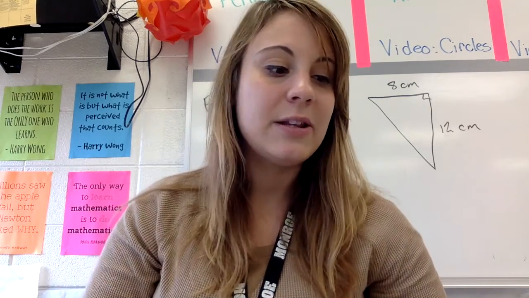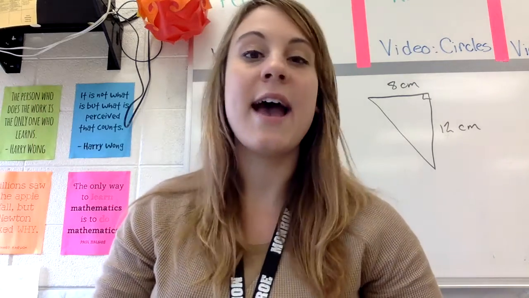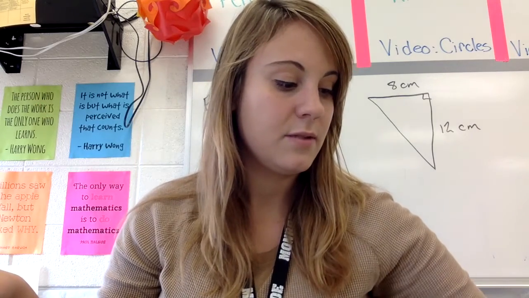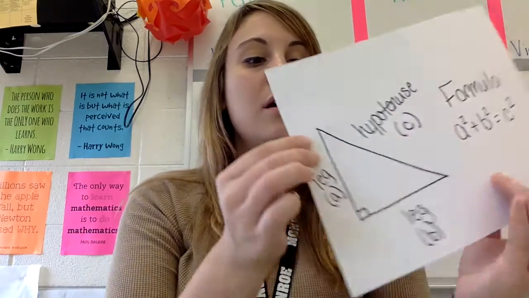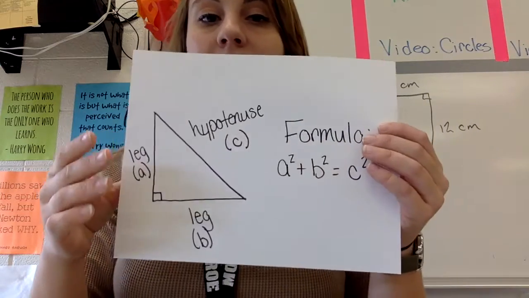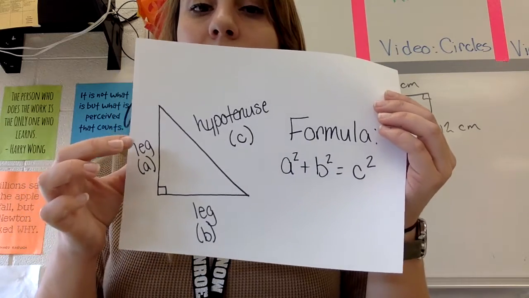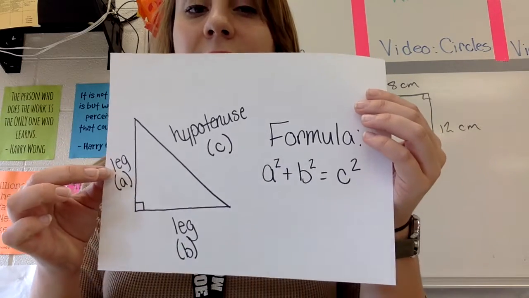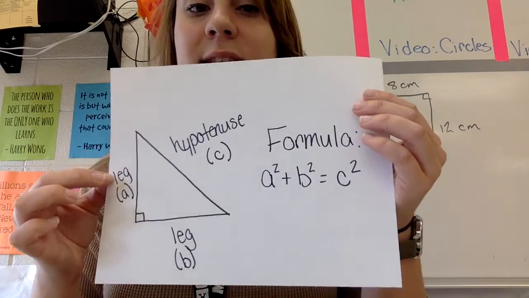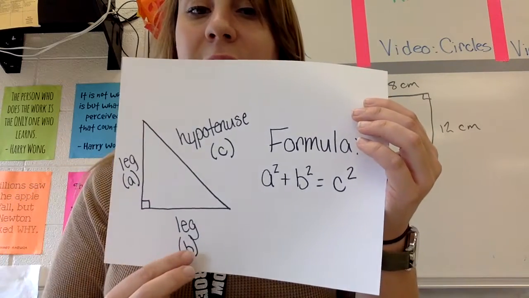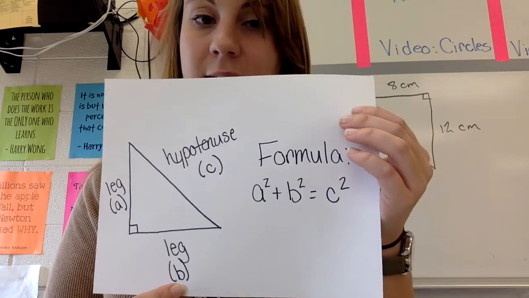So another way to think about the Pythagorean theorem besides that fancy pants definition. All right? If I can pick up my paper. Okay, here we have a right triangle. We label the two short sides of the right triangle as its legs. And typically we use the letter A for one of the legs and the letter B for the second leg.